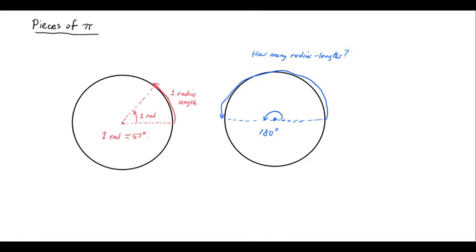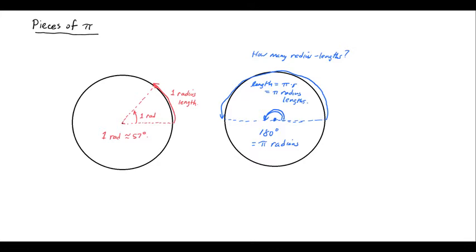So a semicircle is pi times the radius. So this length is equal to pi times the radius. That's pi radius lengths. Because this arc has length pi radius lengths, the measure of this angle is pi radians. So those two things are equal, 180 degrees and pi radians.